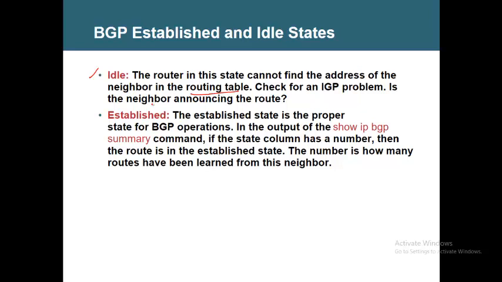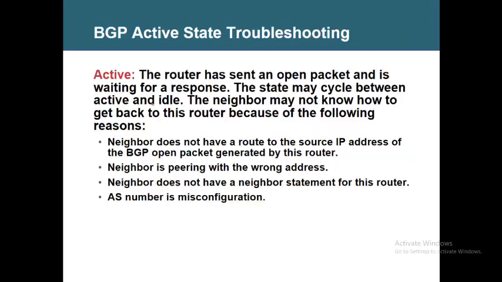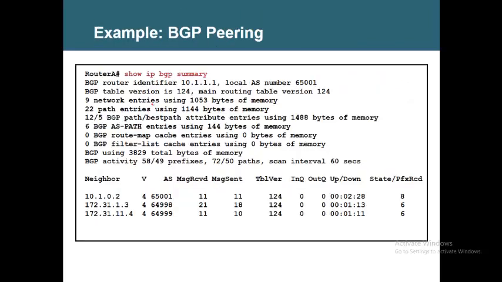When I say show ip bgp summary, what I'm expecting is some number in the prefix received column, either 0 or something. But I can also type show ip bgp neighbor and the neighbor address, and you should see established. That is a big page.